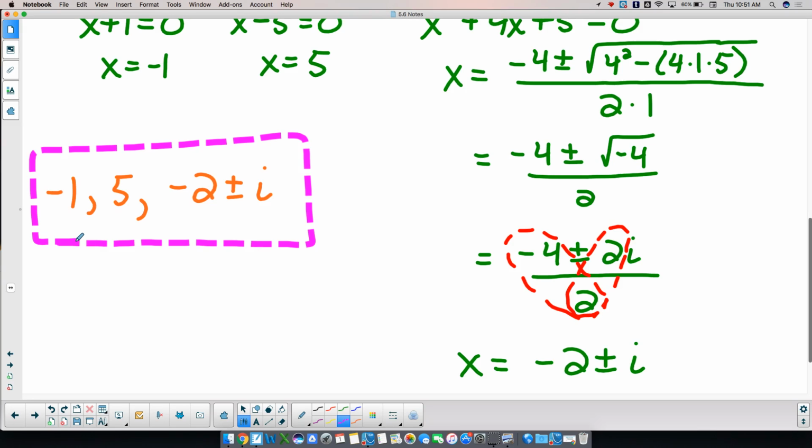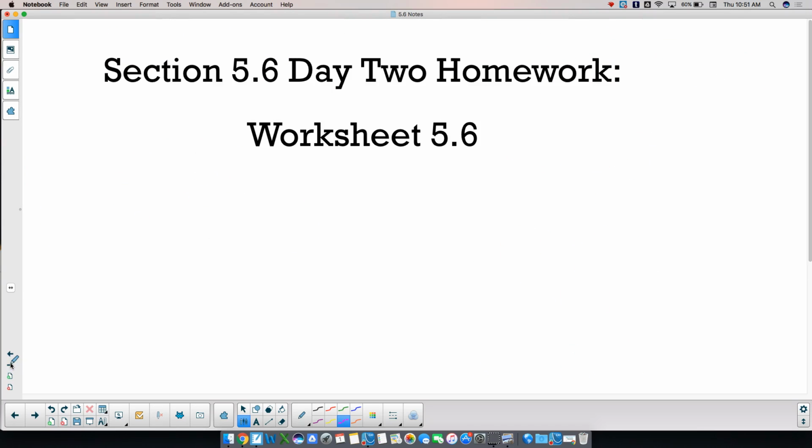So there might be, wink, wink, nudge, nudge, a note check on Friday also. Or excuse me, on Monday when we come back. Homework for today is this worksheet that I'm handing out right now. It's one of the 4 things due on Monday.